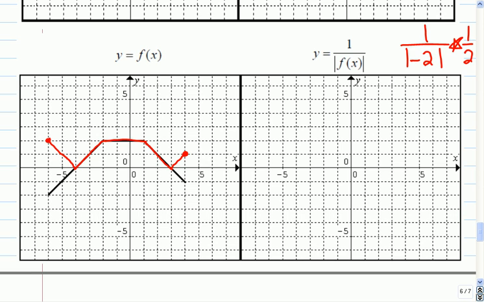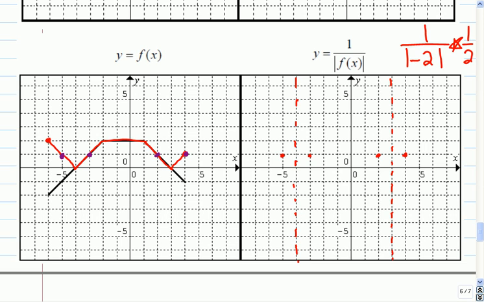Okay, so to put in reciprocals, that would be my asymptotes for the reciprocal. Then I have these invariant points here. So my invariant points are going to show up here.